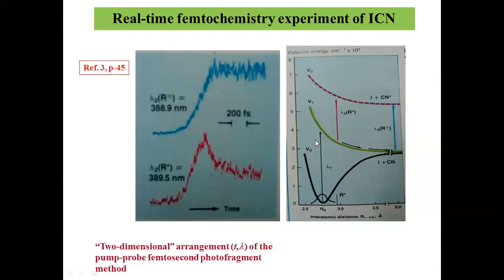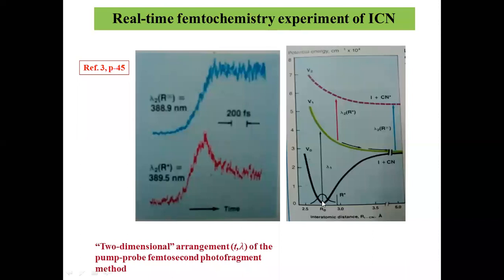This is actually a theoretical calculation. The experiment was done by Ahmed Zewail's group, and this theory was done by somebody else, I think Manz's group in Germany. So they combined the two and tried to explain this spectra.